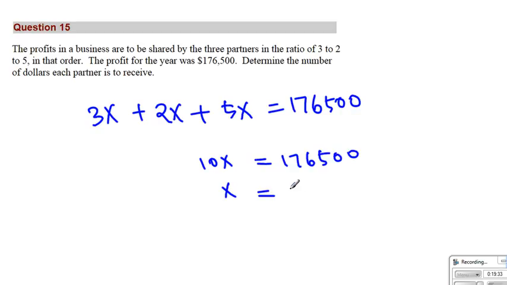Then x must be equal to 17650. We have one less 0 when you divide by 10. Then the first person, 3x, becomes 3 times of that.